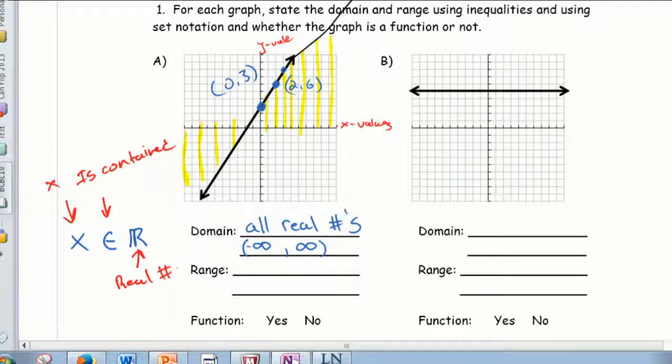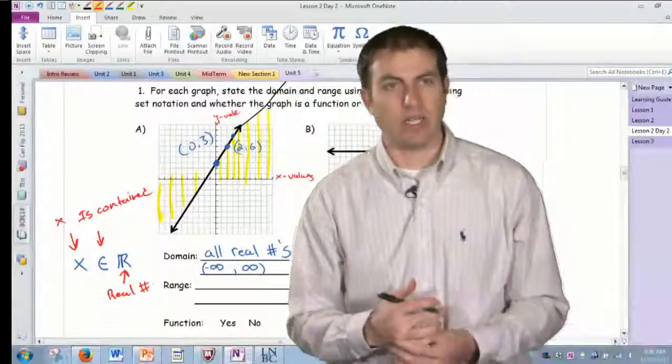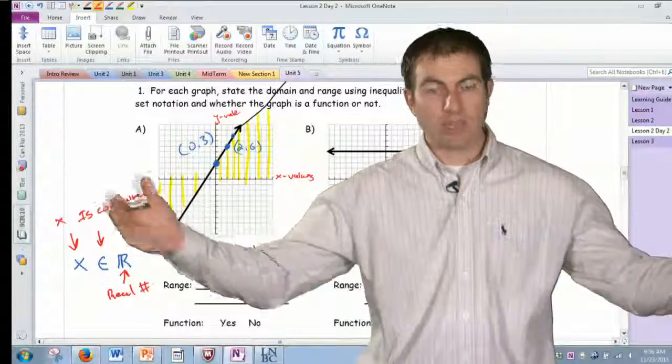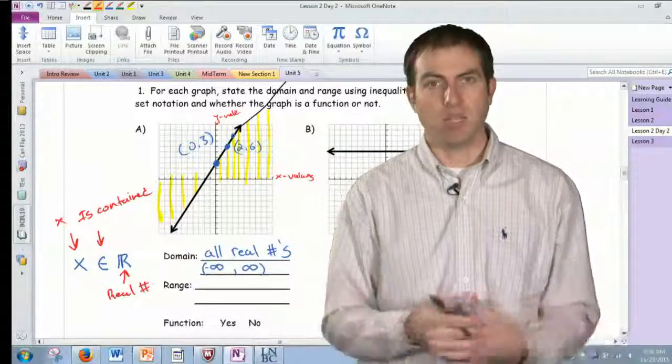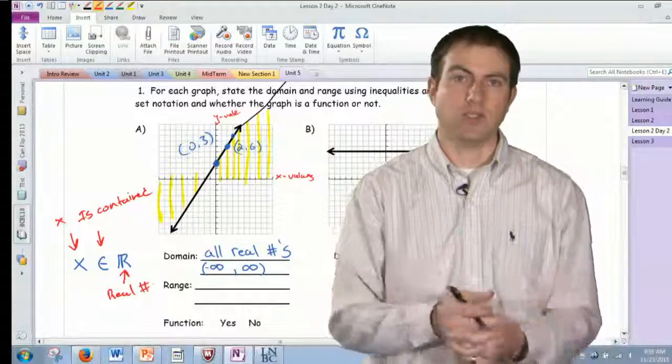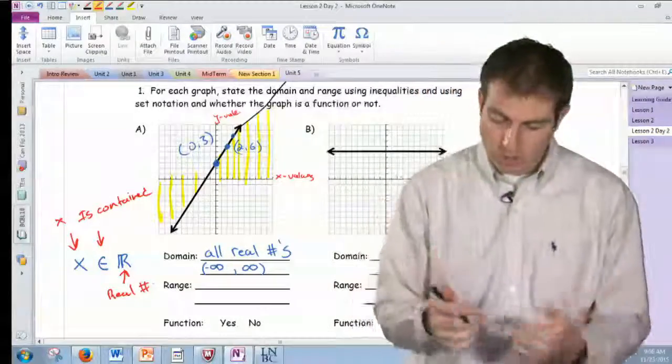So what this means together is x is contained in the real numbers. And that is another way of writing down that your domain uses all the x values possible. It comes up enough that mathematicians have decided that this is going to represent that sort of thing.